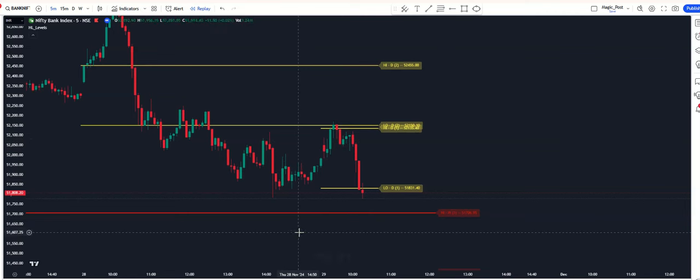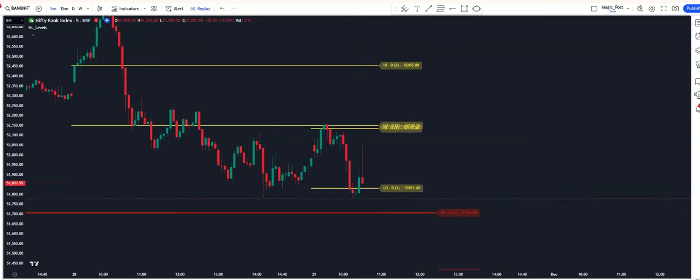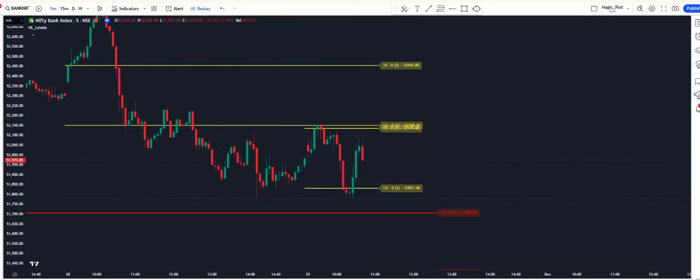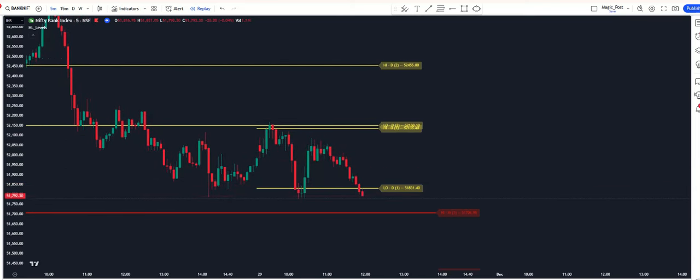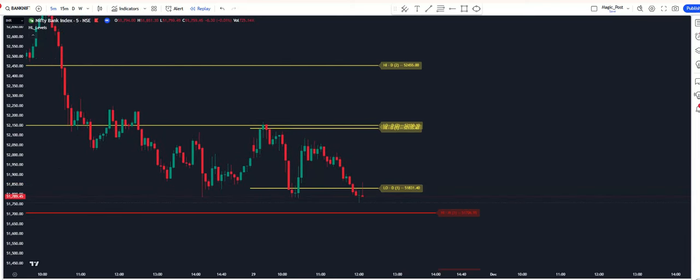And then you see, there is almost like, from 52 100 to 51 820, so 300 points down, right? So reversal here. So this we call a doji, right?